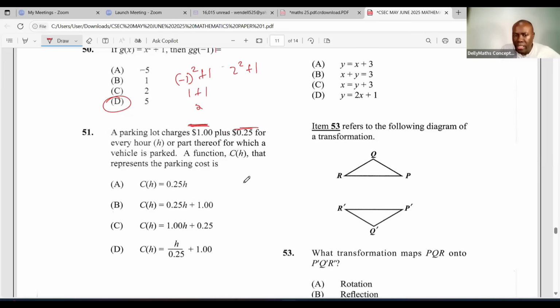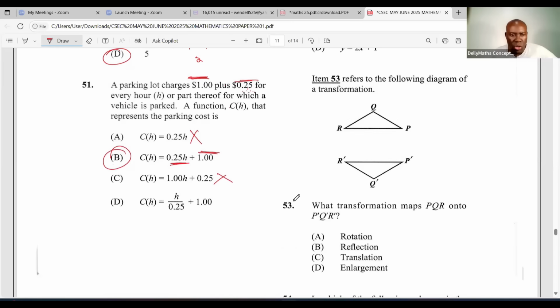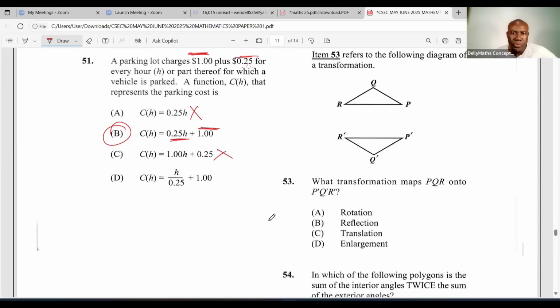You want the +1 somewhere with h, so the +1 has to be in it. But at the same time, it's 0.25 every hour. So it has to be this, right? So it's B.